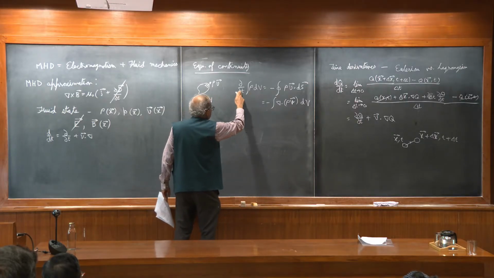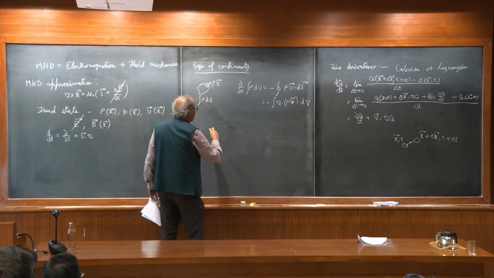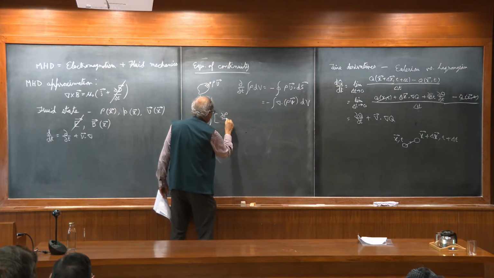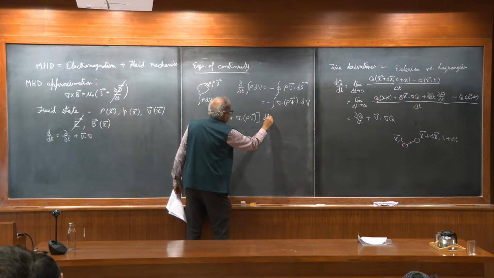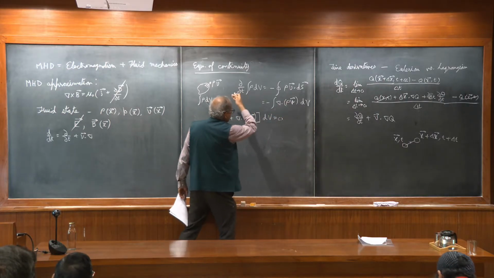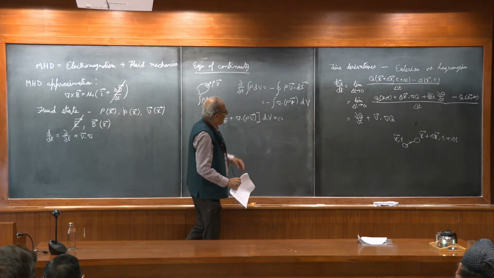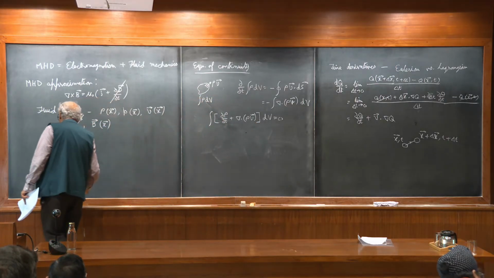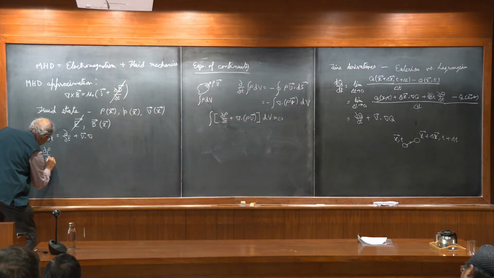If you interchange the integration and the time derivative, which is usually not a problem, you would get the integral of del rho del t plus divergence of rho v, dV, equal to 0. Since this has to hold for any arbitrary volume, this part must be 0, and this is the celebrated equation of continuity. Let me write it here, all the basic equations I am writing here.